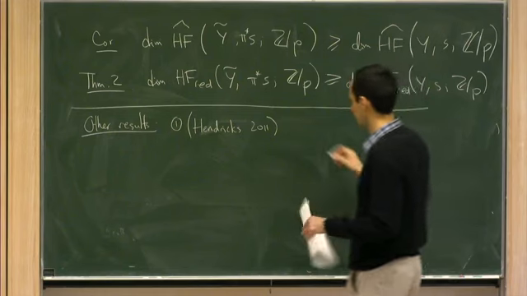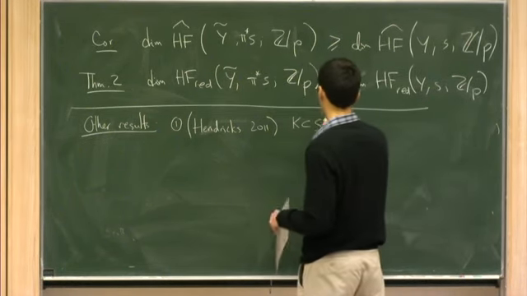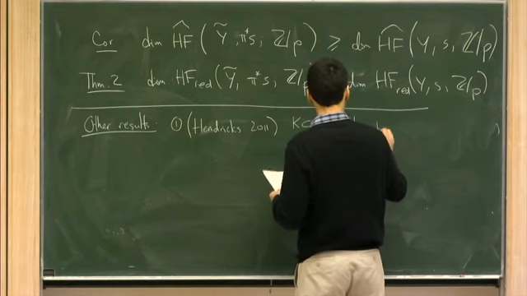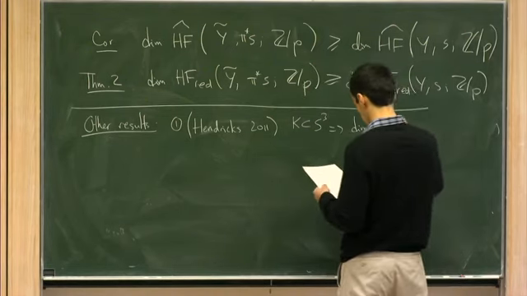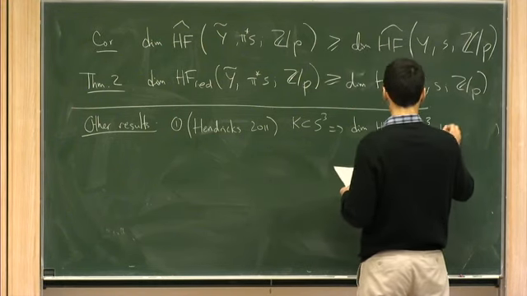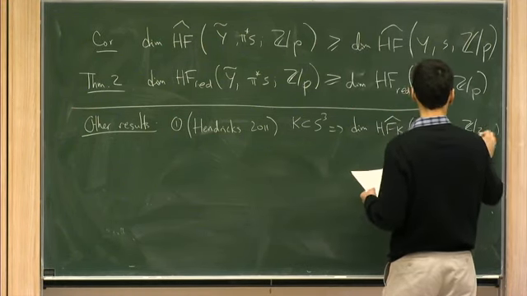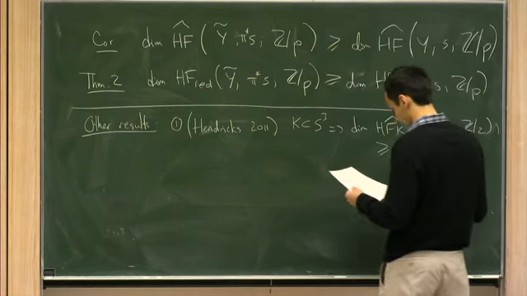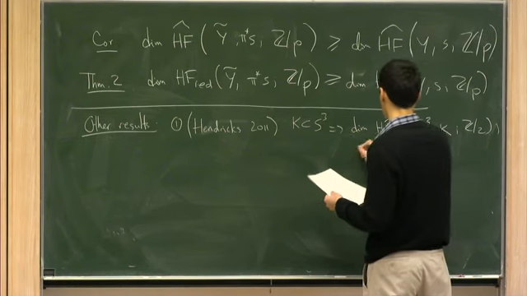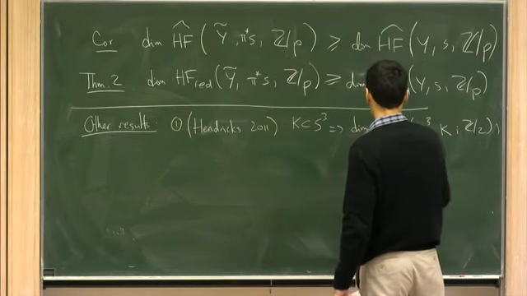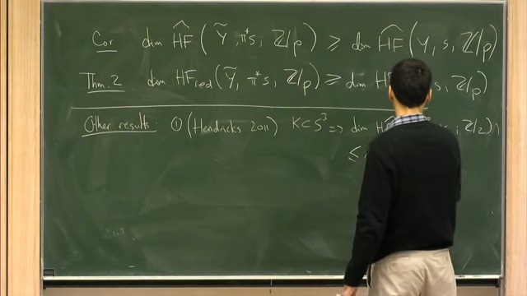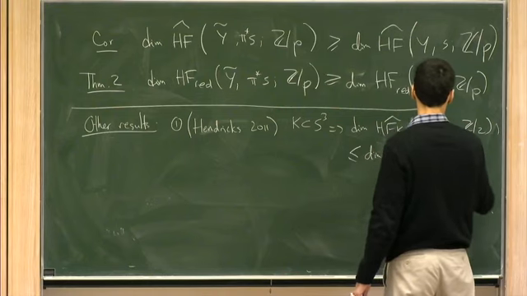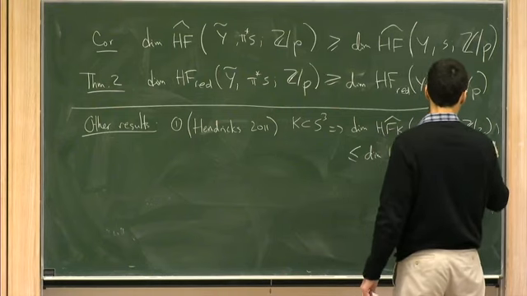She showed that if you have a knot in S3, then the dimension of HFK hat, the knot Floer homology with Z mod 2 coefficients, is less or equal than the dimension of the knot Floer homology in the double branched cover, so Sigma 2 of K, K tilde in Sigma 2.